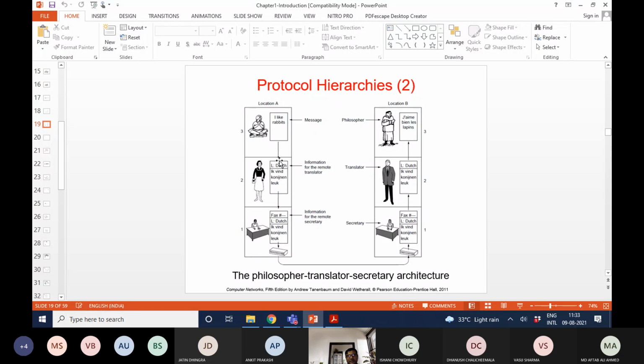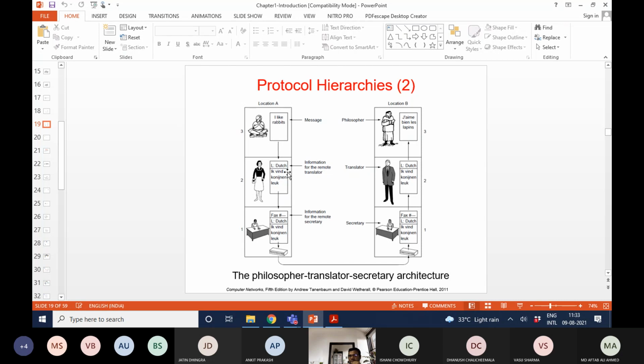Now, whatever message we got will be added with a fax number. The fax number to be dialed will be written here in addition to the value that is there. You can see what we are doing here: the original message is this much size.